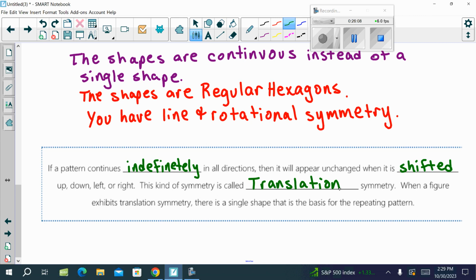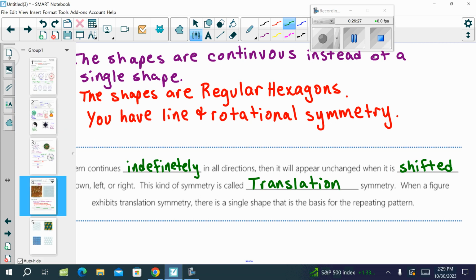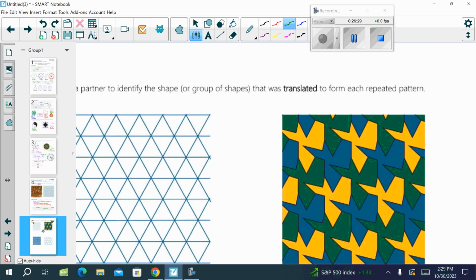When a figure exhibits translation symmetry, there is a single shape that is the basis for the repeating pattern. So you guys identified that single shape up there in the pictures as which one? A regular hexagon, correct? Okay, so on the next page, we're going to identify these shapes.